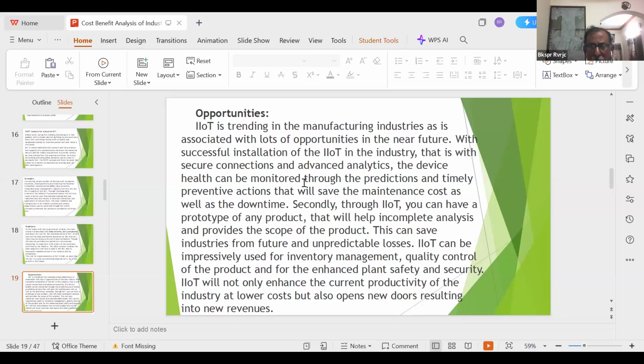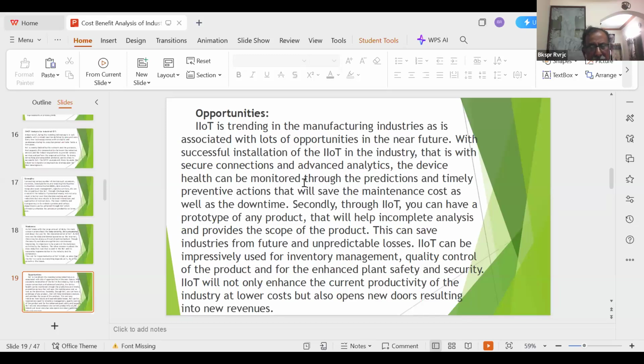Secondly, through industrial IoT, you can have a prototype of any product that will help in complete analysis and provide the scope of the product. This can save the industries from future and unpredictable losses.